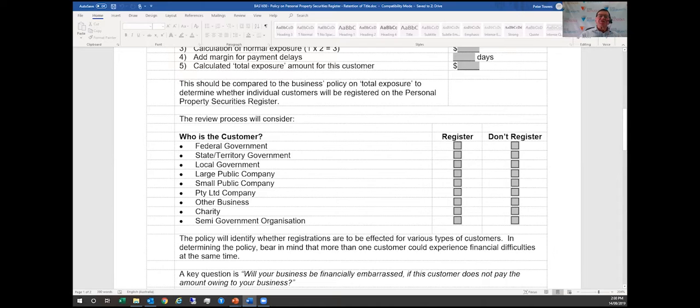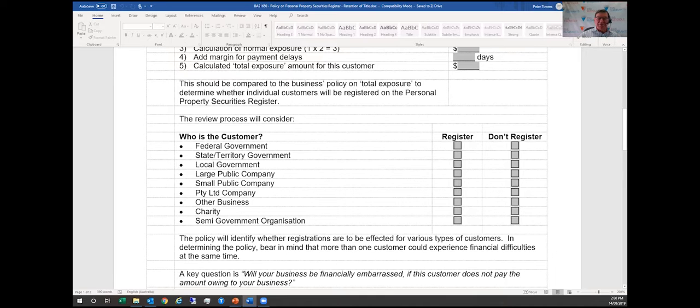But every year, unfortunately, there are failures on companies listed on the stock exchange, so clients need to be careful who they're dealing with. Small public companies, I think it's important that they're probably registered. They're mainly in the unlisted public company category. I know there are some very big and strong unlisted public companies, and again, it's going to be a judgment.